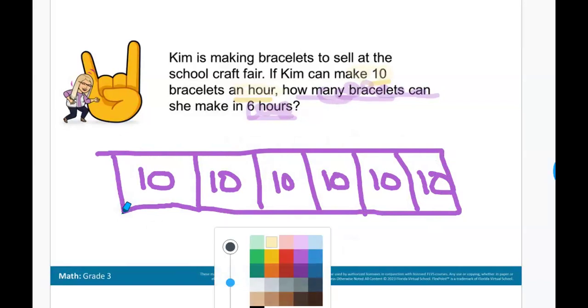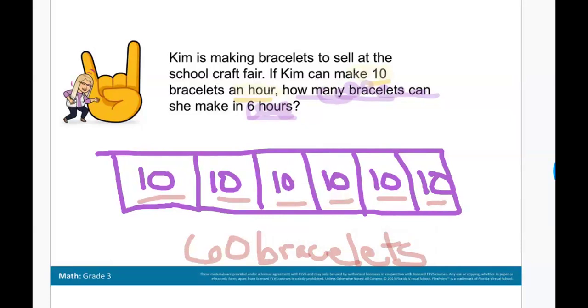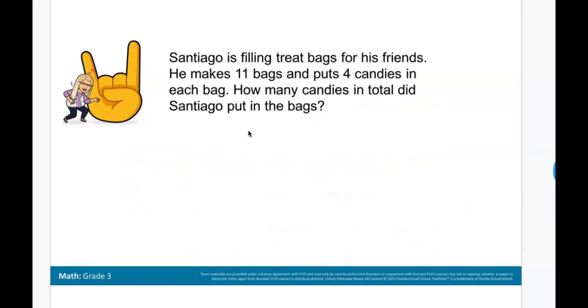So if I skip count by 10, I'm going to get 10, 20, 30, 40, 50, 60. She can make 60 bracelets. I want to make sure that I label my answer. So 60 bracelets. Awesome job, Kim. Quite impressive. All right, let's do another one.